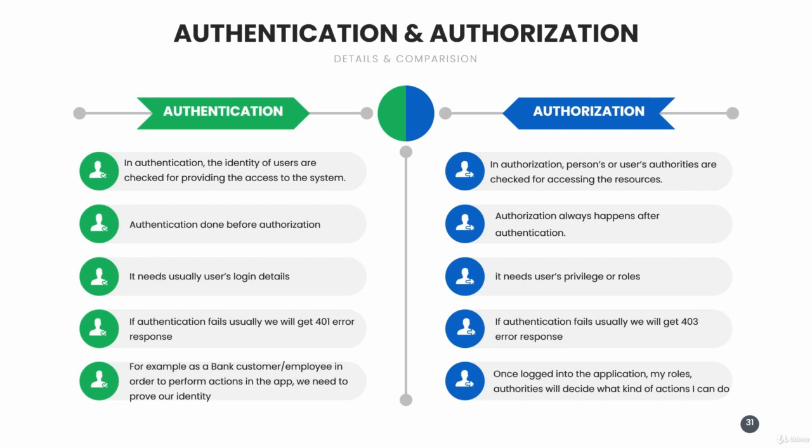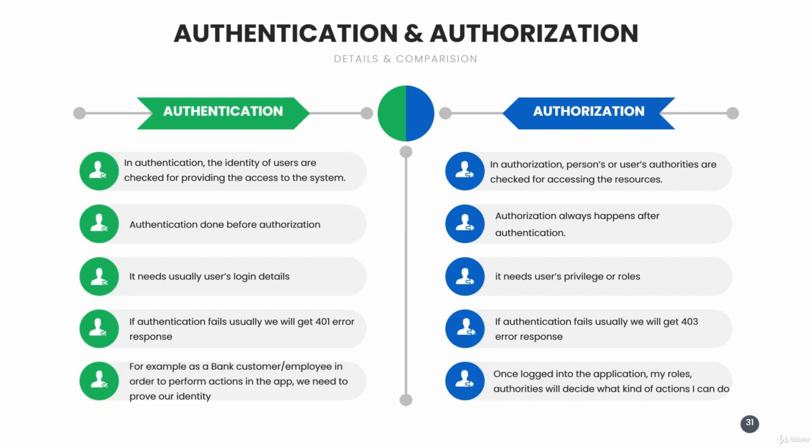Once you clear that authentication step, you go to the place where you want to take your flight, like gate number 1 or 2 or 3, whatever it might be. So in this scenario, you proved your authentication, that's why you are allowed to enter the airport, but you are authorized to take only the flight which you booked. Suppose I booked a flight to Mumbai, but at the last minute I want to travel to Delhi. That's not authorized because I am not the authorized user. I am authorized to take only the Mumbai flight. So that is authorization.